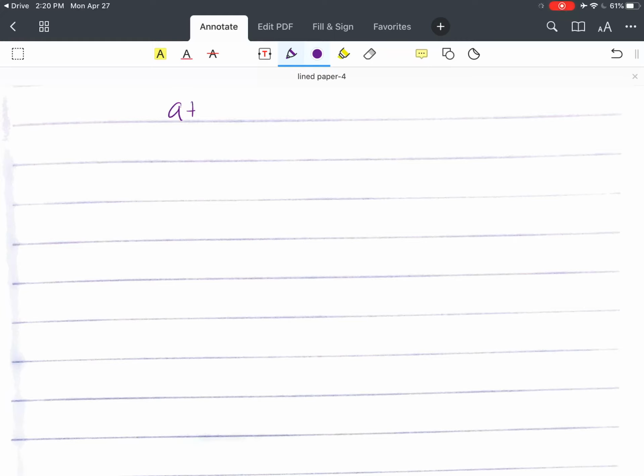Alright everybody, in today's lesson we're going to be looking at why (a plus b) squared does not equal a squared plus b squared. And similarly, we're going to look for patterns so that we know how to factor things that look like this, for example.